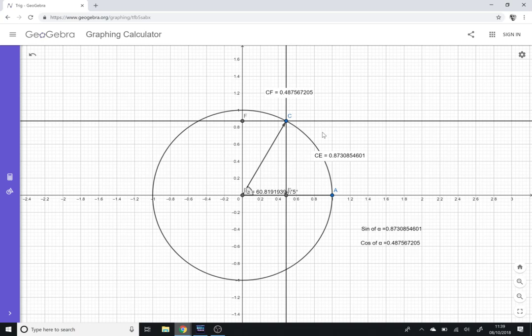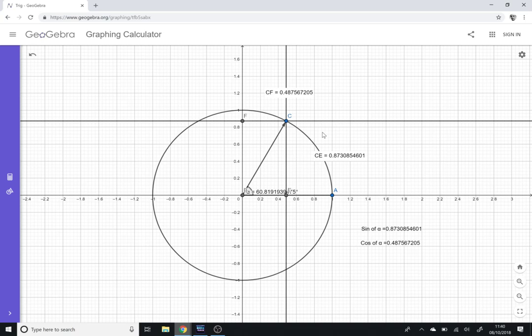And I'm also computing down here the sine of the angle. And you're going to see something really interesting, but maybe not so interesting for those who love maths. Dx is, in this case, 0.4875, and the cosine of x is 0.4875.